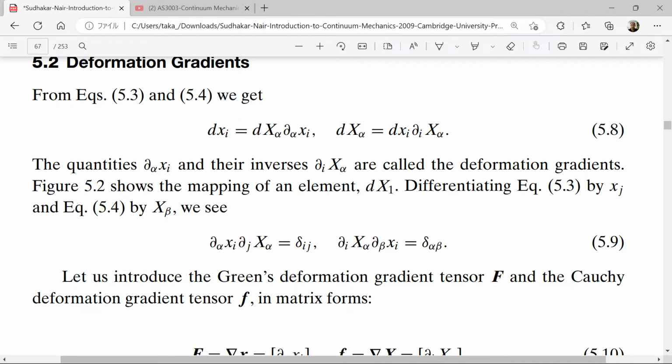Yeah, this is like a total derivative, right? So the quantity partial alpha xi and the inverse partial i x alpha are called deformation gradients.